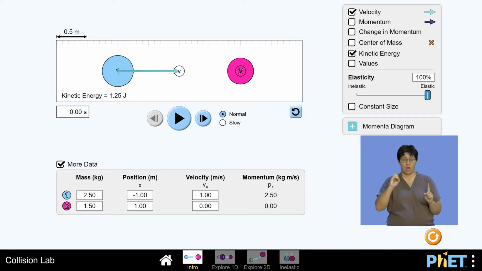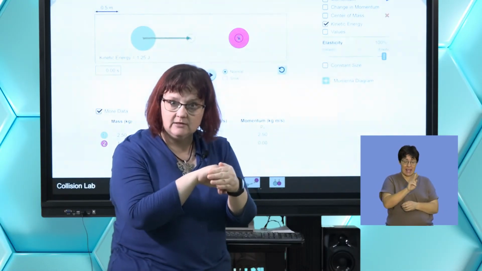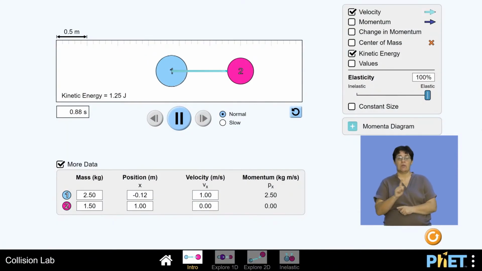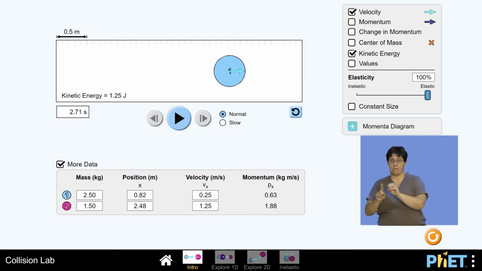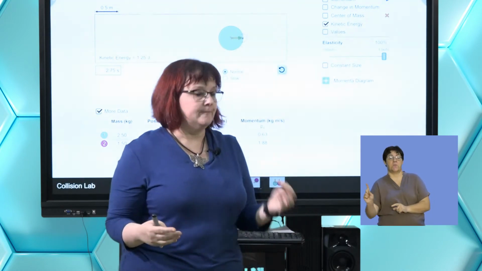Number 2 has no kinetic energy because it's stationary. When it hits number 2, some of the kinetic energy from number 1 gets transferred to number 2. Number 1 keeps going, but my total is still 1.25.